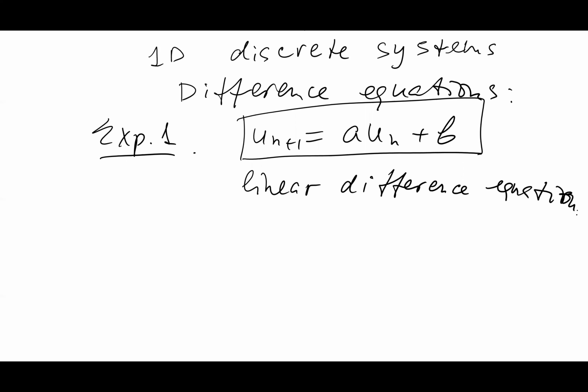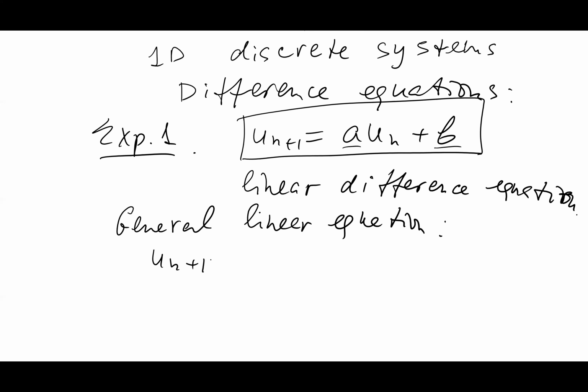In fact, it's a linear difference equation with constant factors a and b. A more general linear equation sounds like this: u_{n+1} = a(n) u_n + b(n), a function of n times u_n plus b as a function of n.